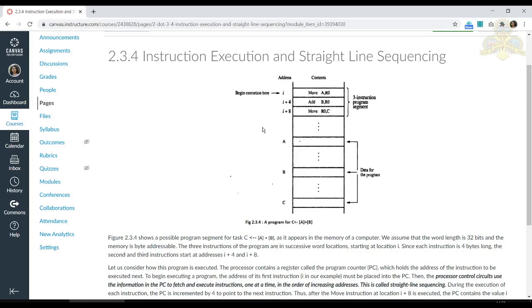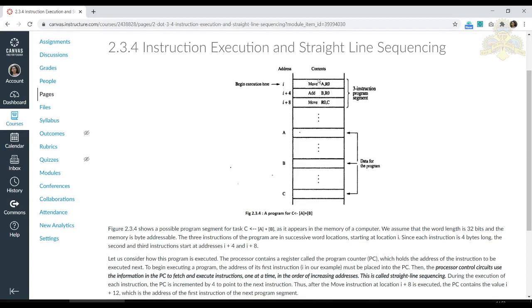Now we will understand the execution. First, the program counter will point to instruction I, the first instruction. That means the PC holds the address I. This I is transferred to the MAR.